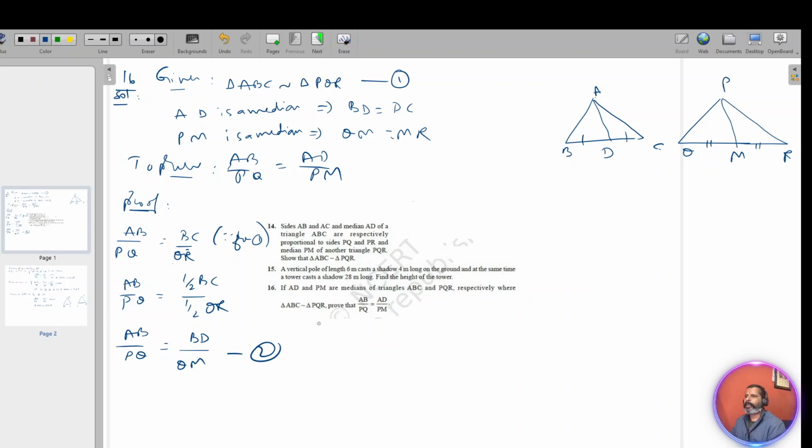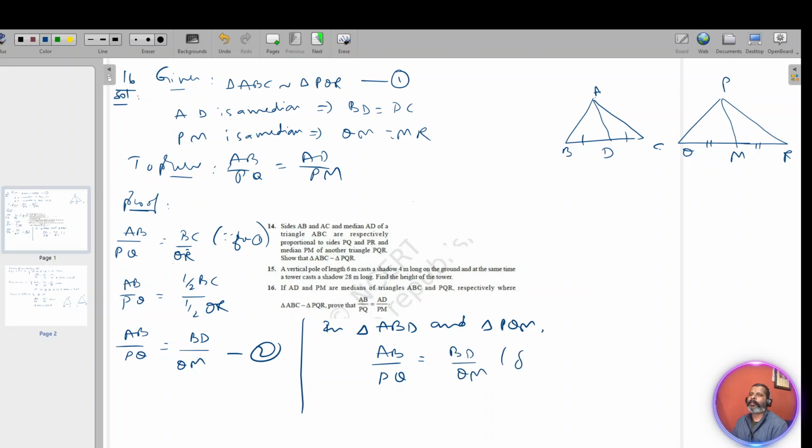Okay. What we can write is, check out: in triangle ABD and triangle PQM, we have AB by PQ equal to BD by QM from 2, and we know B equal to Q. Angles are equal because from 1, ABC and PQR are similar. Therefore, triangle ABD is similar to triangle PQM.